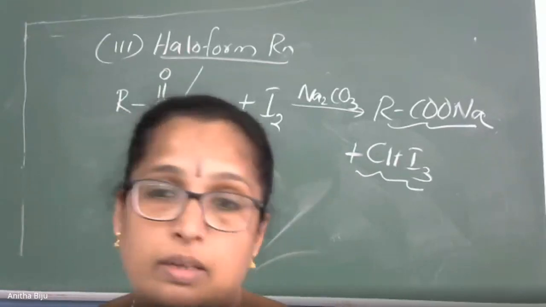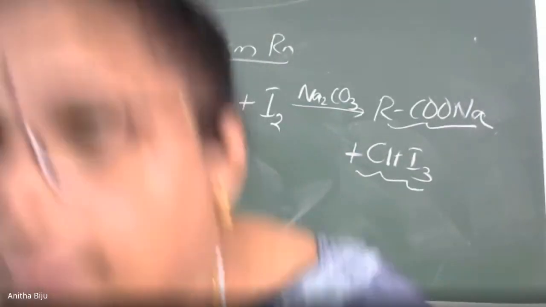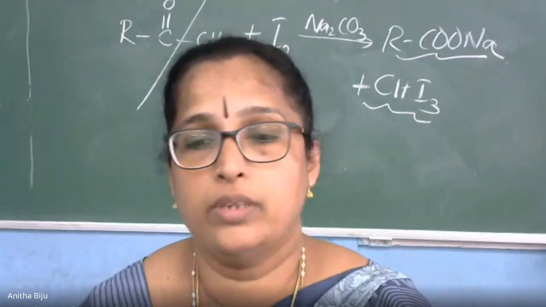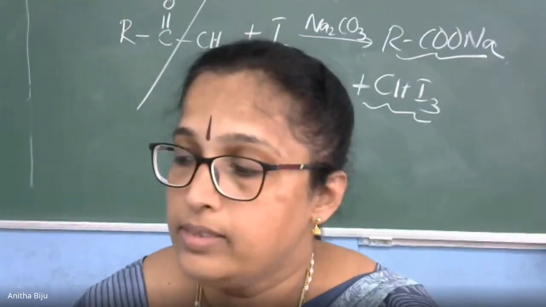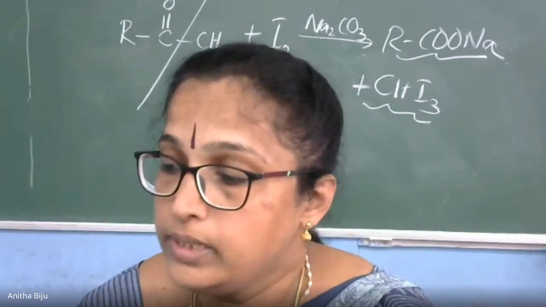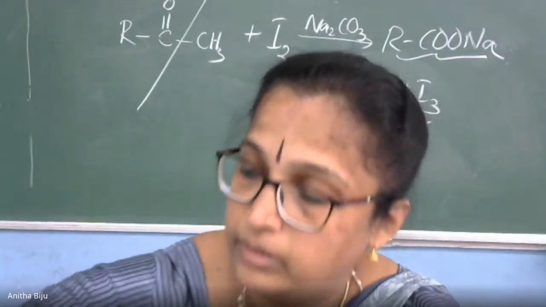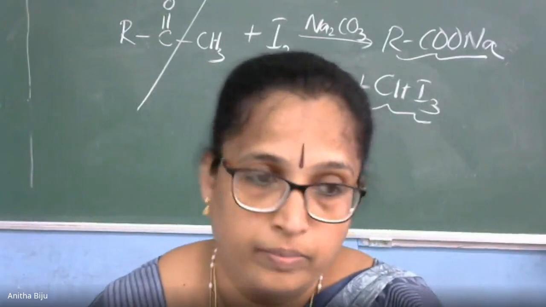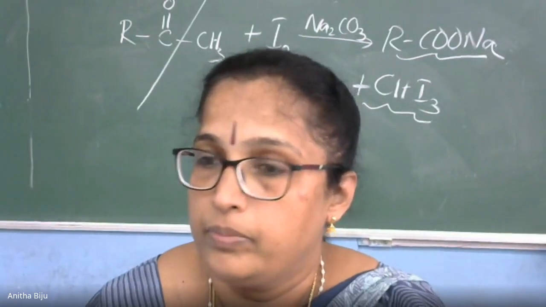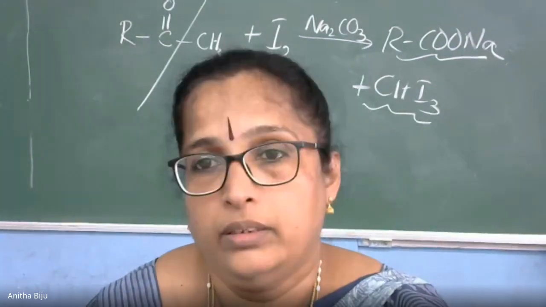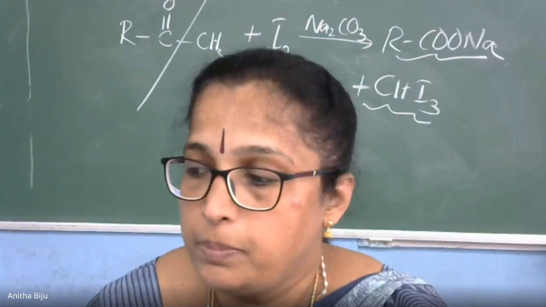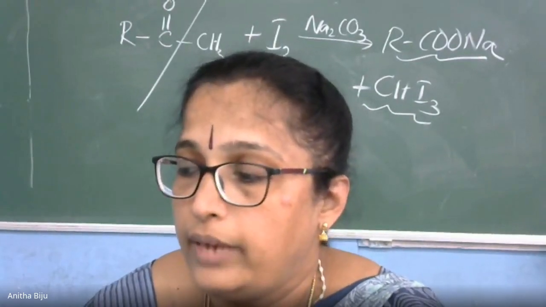Now write one sentence. Aldehydes or ketones with a ketomethyl group react with halogen and alkali to form the corresponding haloform with the characteristic property.